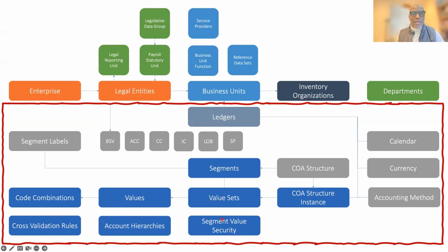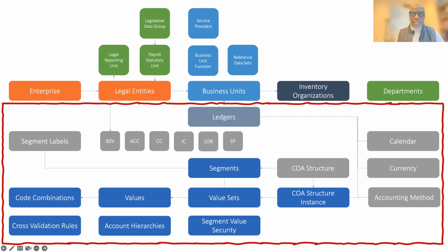Segments will have values. You can also have security built on them, and for each of these. So that's just for us to have a quick base for the accounting segments that we mentioned last week.